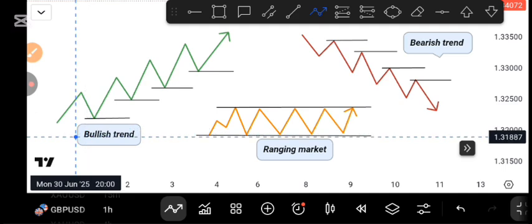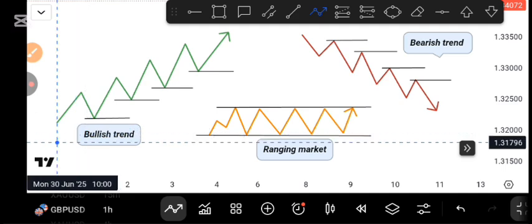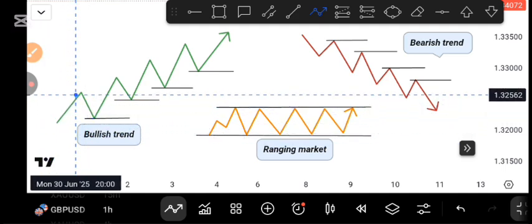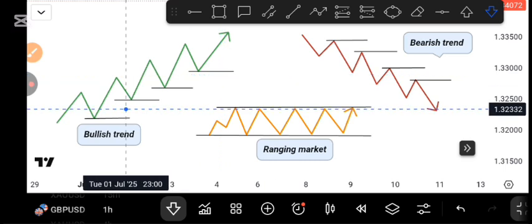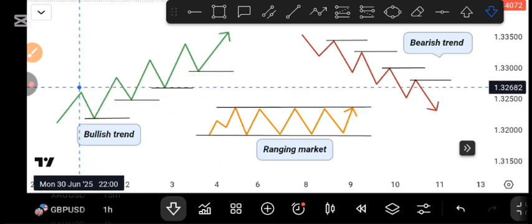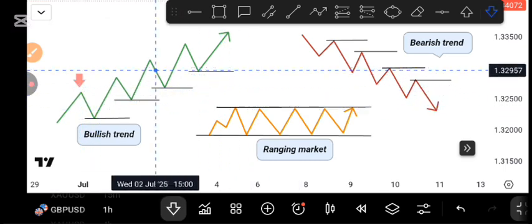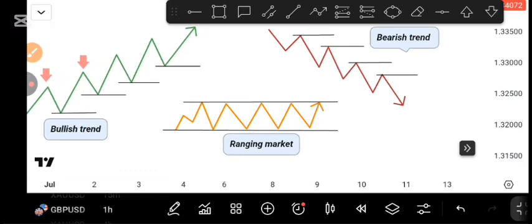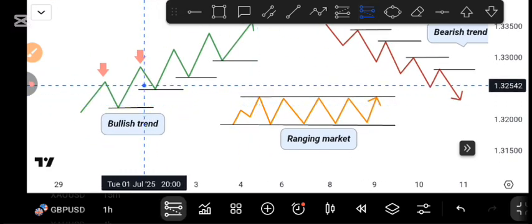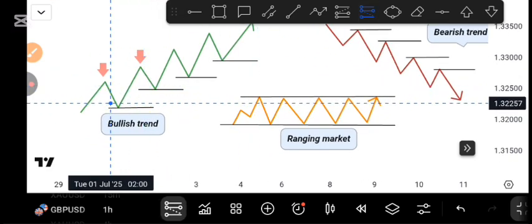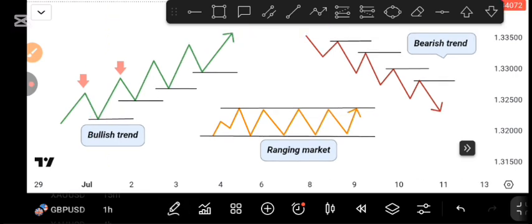A bullish trend is any market that keeps creating new highs and respecting the previous low. You can see this market created this high, and another high which is higher than the first one. So a bullish trend is when the market keeps creating new highs.